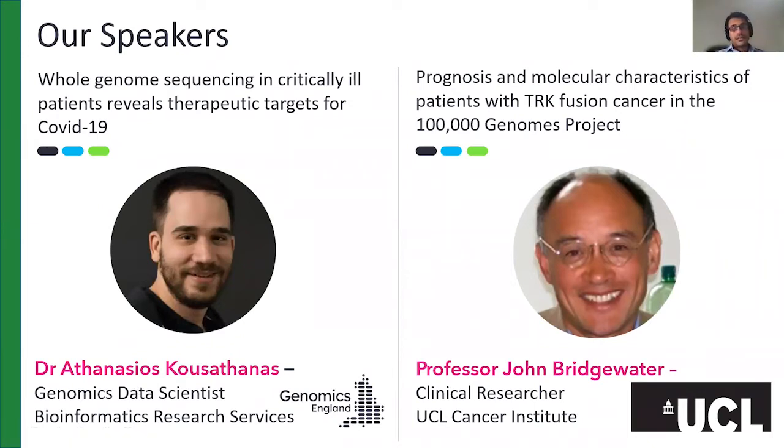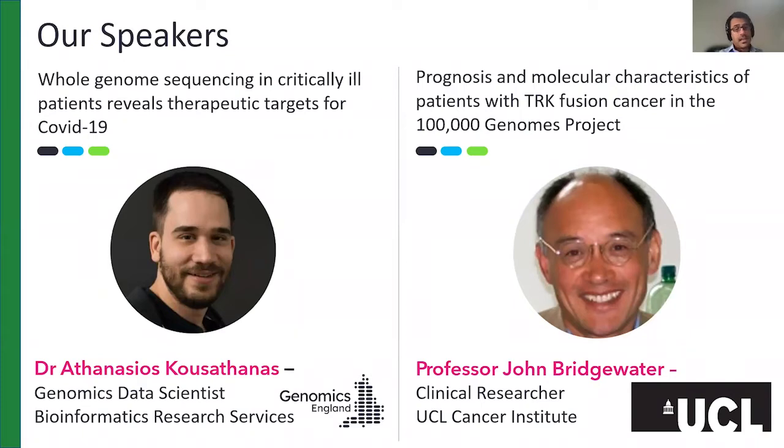With this, I would like to move on to introducing our first speaker, who is Athanasios Kousathanas, or Thanos, who is working with us at Genomics England as part of Bioinformatics Research Services, and has led the analysis on COVID-19, and that's what he will be talking to you about: our whole genome sequencing analysis on critically ill patients to reveal therapeutic targets for COVID-19.